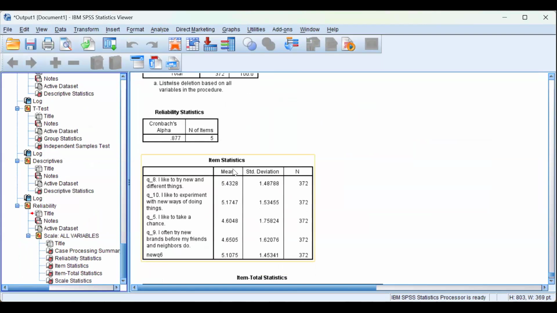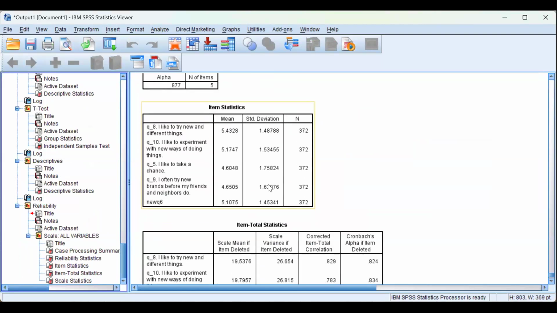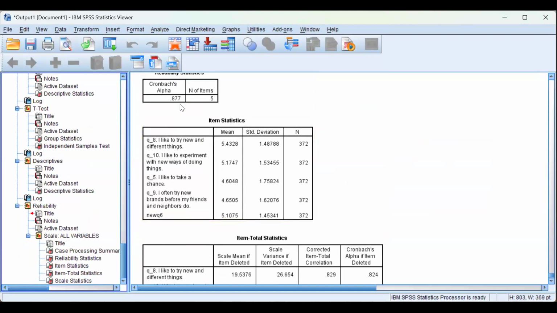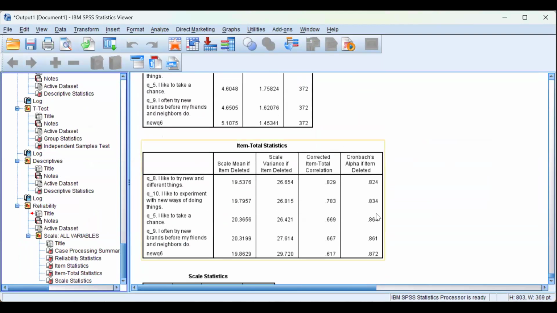Now, item statistics is given. And now you look at this item total statistics. How do you read this table actually? See, what is the Cronbach alpha value? It is 0.877. And here, if you look at this, that is the highest. Suppose it would have been lowest, suppose it was 0.8, let's say 0.804. So how would you read this table?